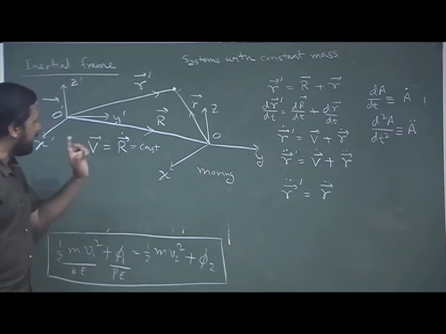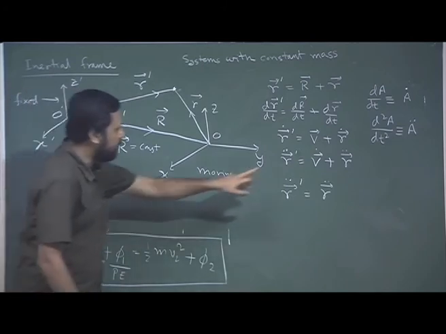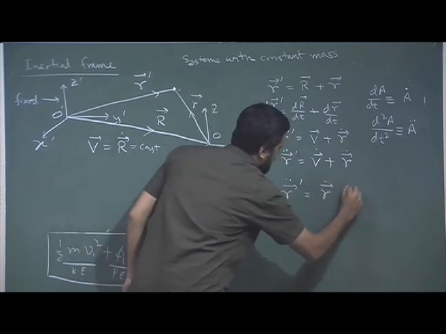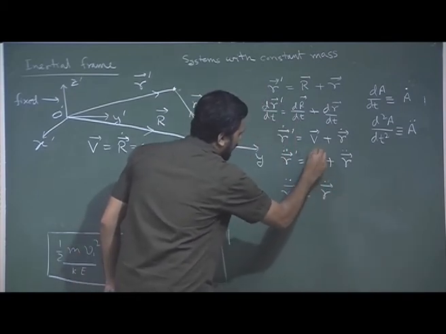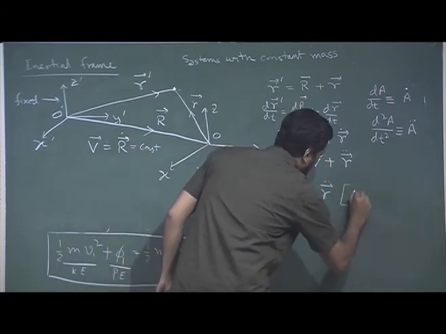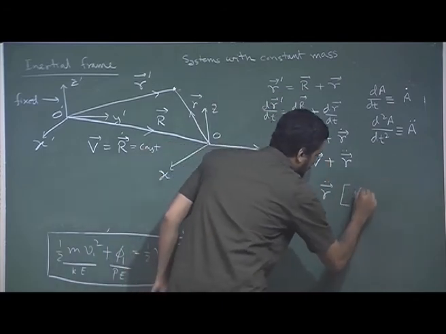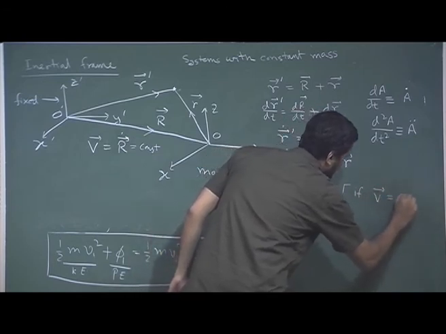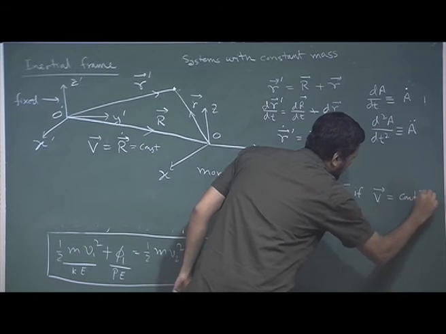But if the velocity is not a constant, then we will have an additional term, which is v dot, the derivative of the velocity. So, this happens if and only if v is a constant.